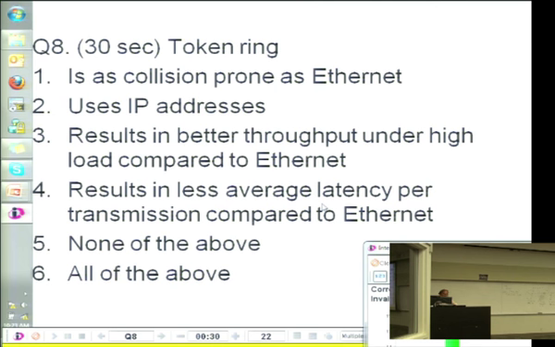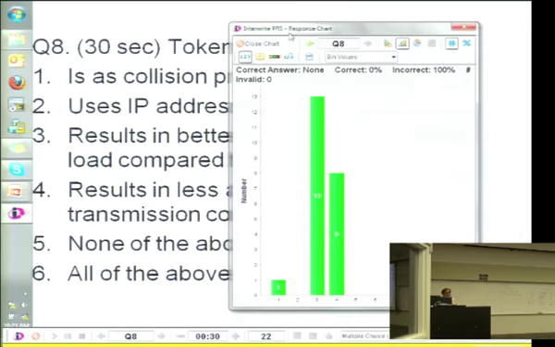And so Ethernet is more optimistic, and token ring is pessimistic, and pessimistic protocols generally tend to have higher latency. That's the reason that if the load is very light, you will end up having higher average latency in token ring as compared to Ethernet. So the right answer is 3 here.